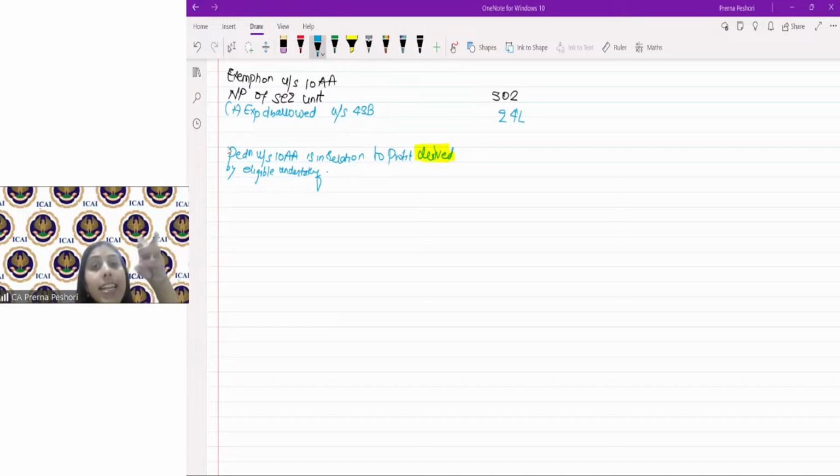And therefore, these are in direct relation to the particular profits, and therefore, they would qualify for the deduction.